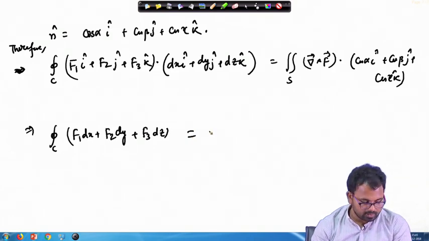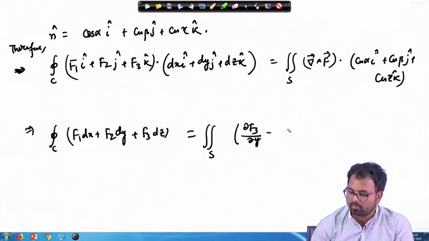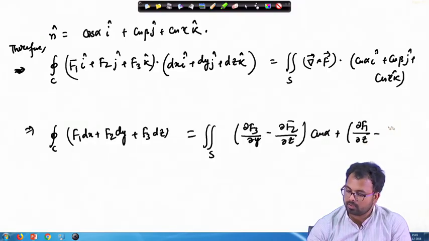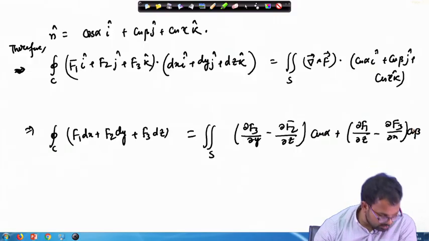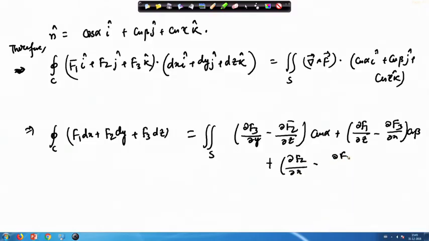the surface integral of (del F3 by del y minus del F2 by del z) times cos alpha plus (del F1 by del z minus del F3 by del x) cos beta plus (del F2 by del x minus del F1 by del y) cos gamma dS.